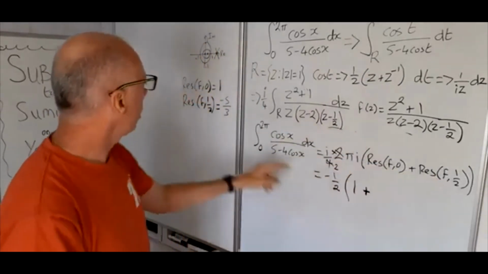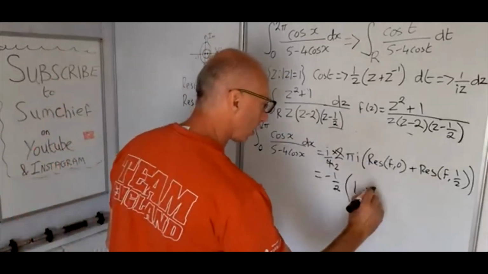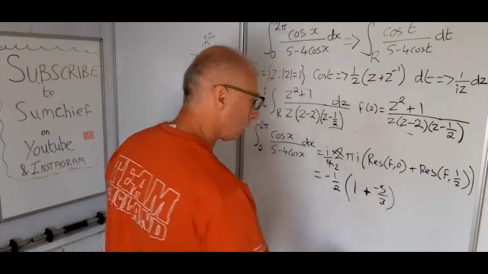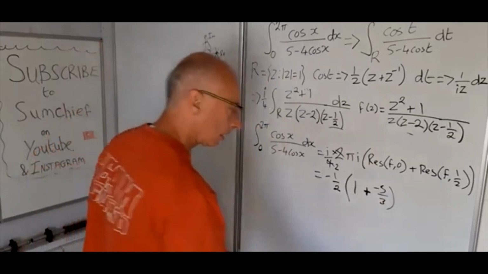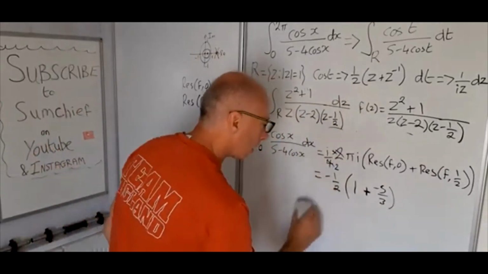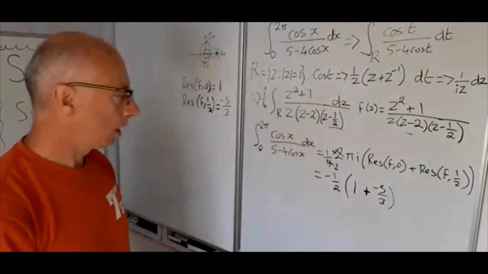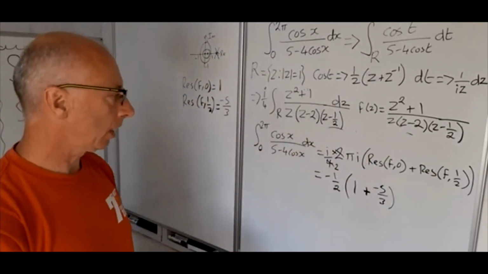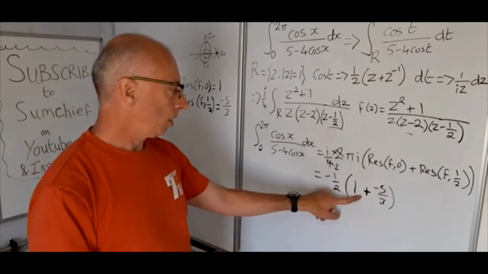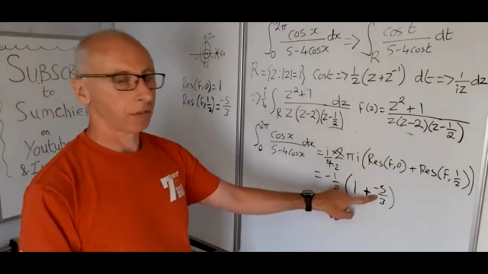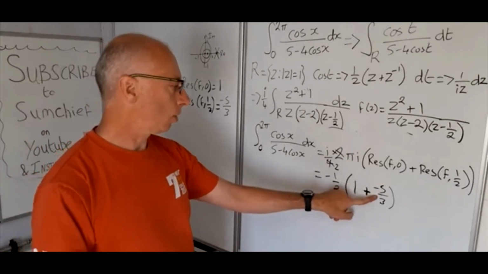And the residue at 1/2 is minus 5 over 3. So 1 plus minus 5 over 3. So 1 minus 5 over 3 basically. So we've got 3 over 3 minus 5 over 3. So that becomes minus 2/3.